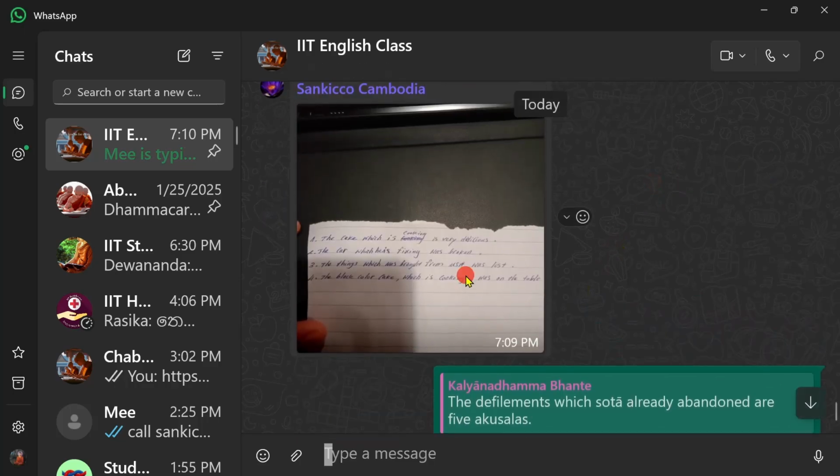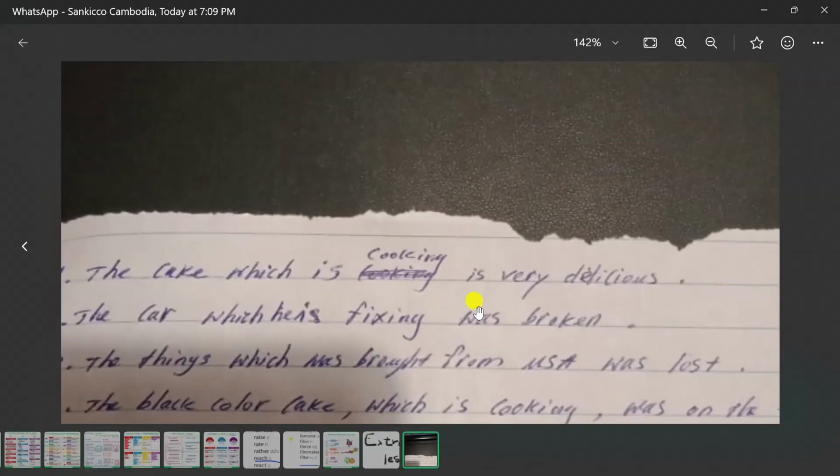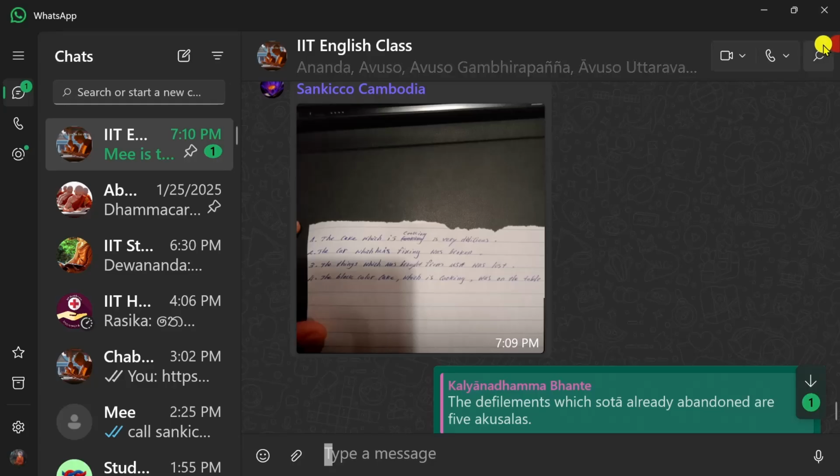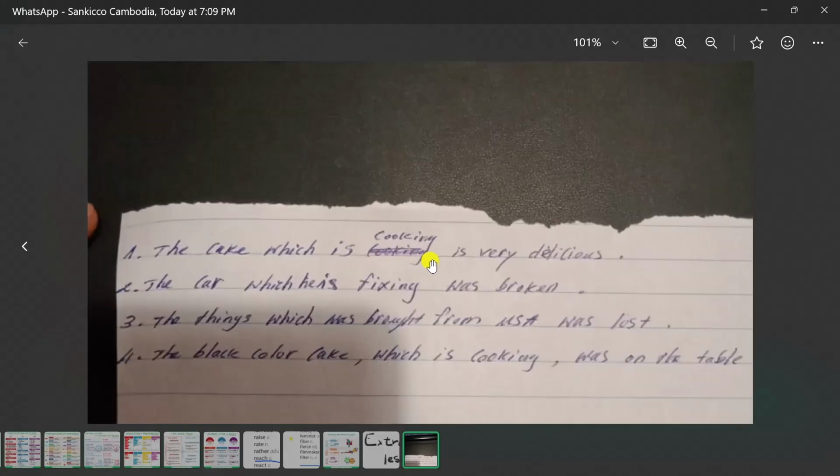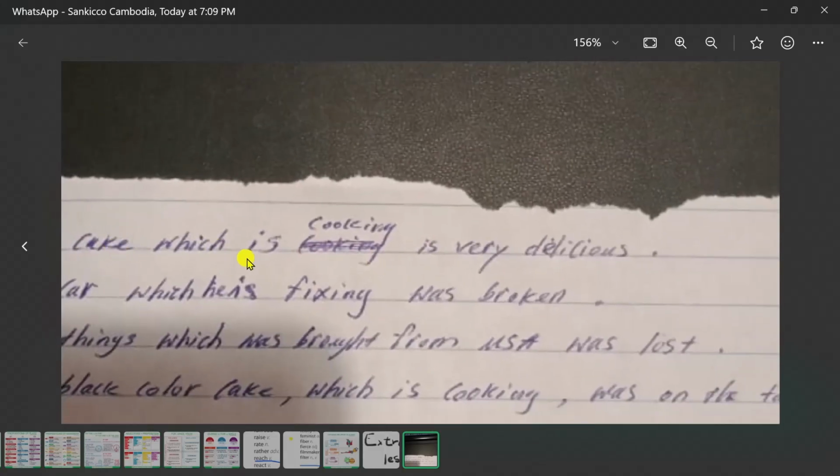Let's see, Sankichas. The cake which is cooking is very delicious. Okay, the cake which is cooking. Here only one problem, Sankitra. Yes. Look, the cake is cooking.